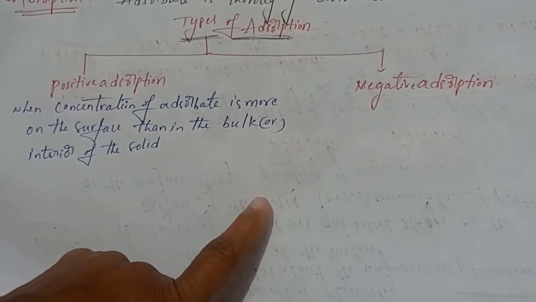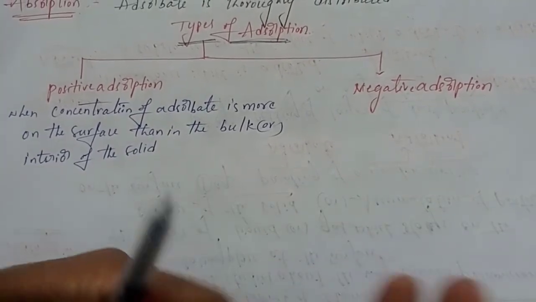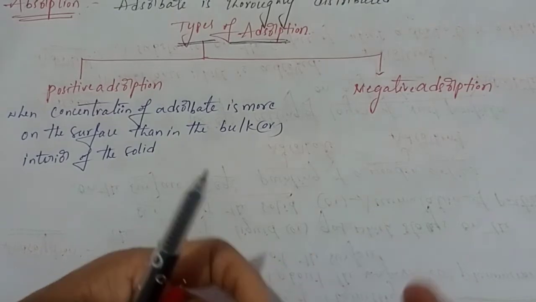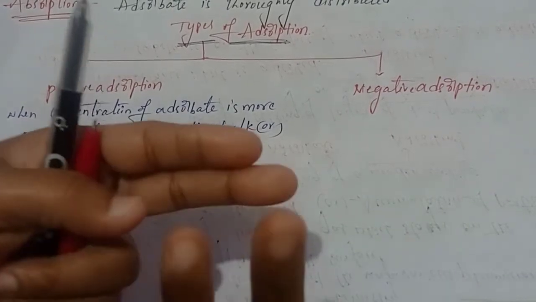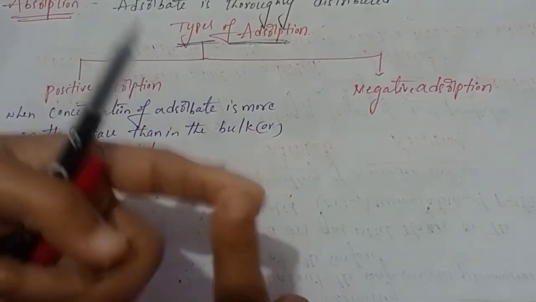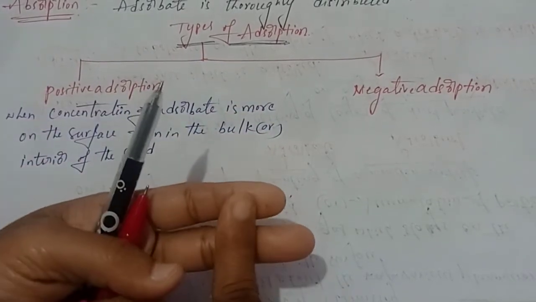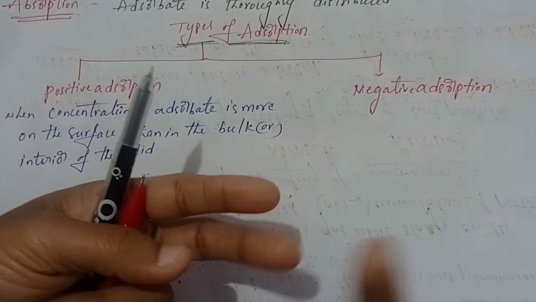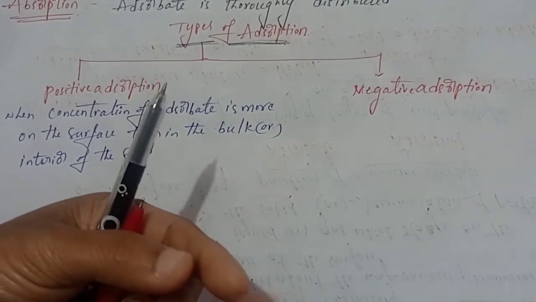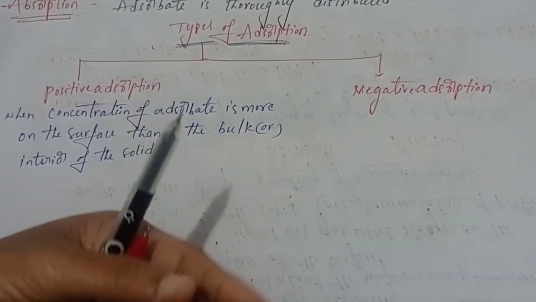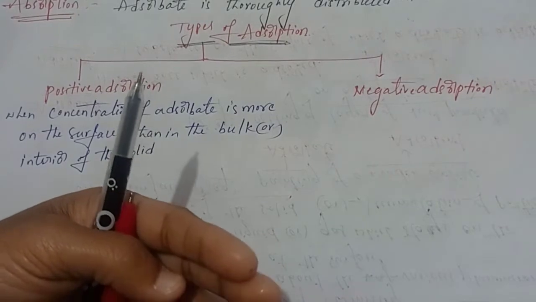Clear this one? Here I am using two words, adsorbate and adsorbent. I already gave you the idea: painting on the furniture is called adsorbate and the furniture is called adsorbent.